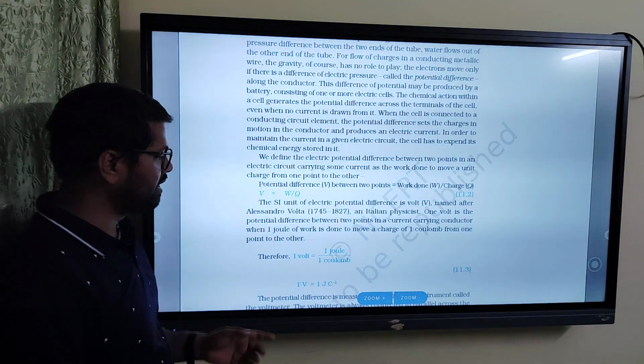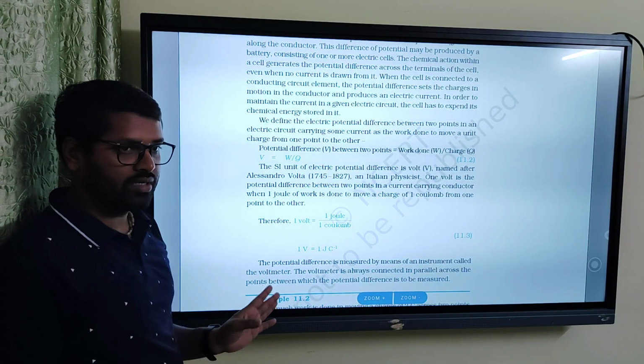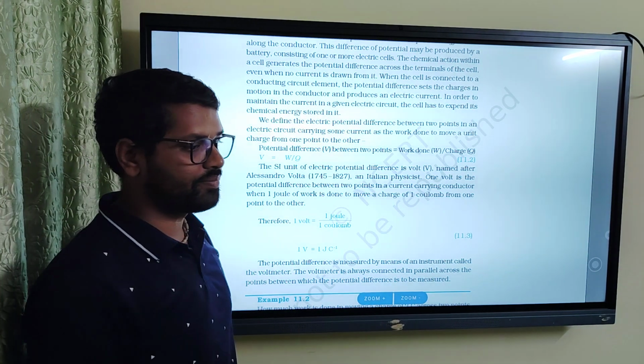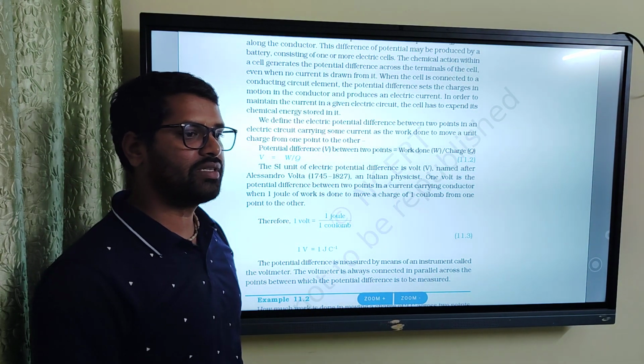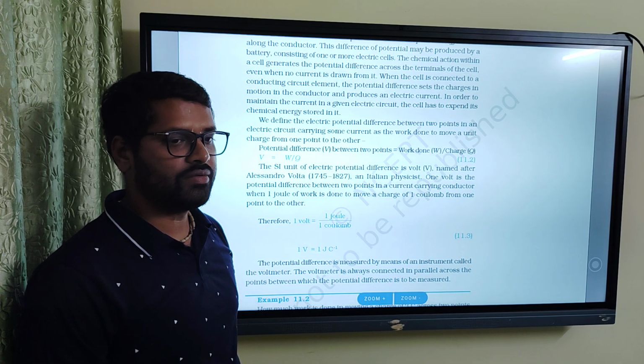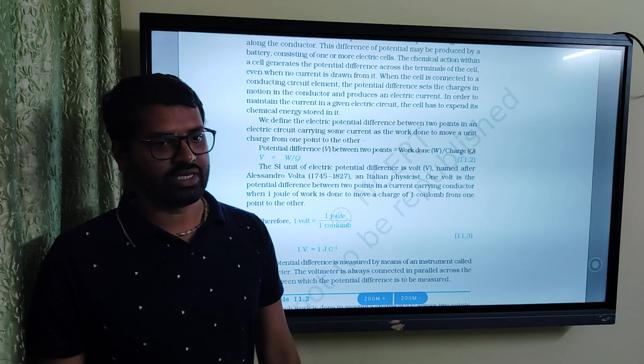If you understood that, now as I said, they may ask you 1 ampere, 1 volt. Like that, what is 1 ampere? How will you define 1 ampere? Flow of 1 coulomb charge in 1 second.